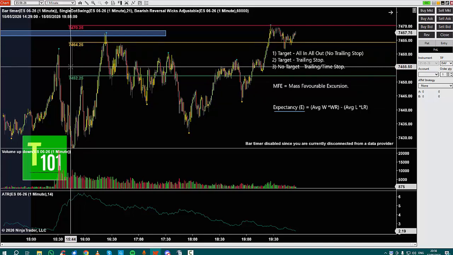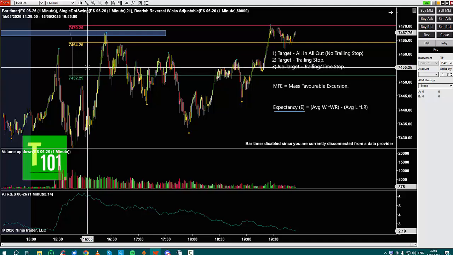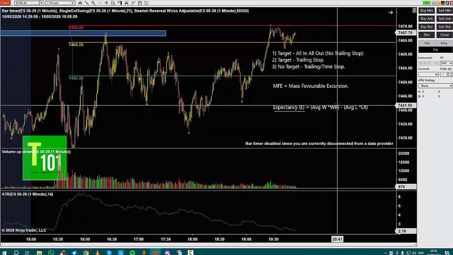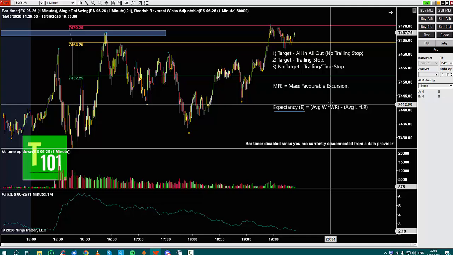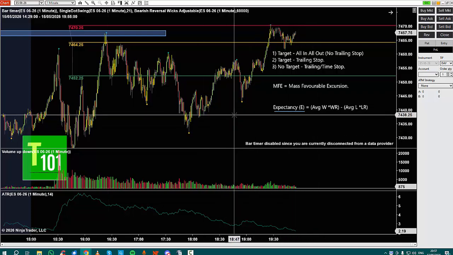Perhaps it should be 1.5 to 1, because if only 30% go to 2, but 70% of them go to 1.5, plug in the numbers and that will be positive. I will do it quickly. 0.7 times 1.5 minus 0.3 times 1, and you end up with a 0.65 expectancy, plus 0.65.